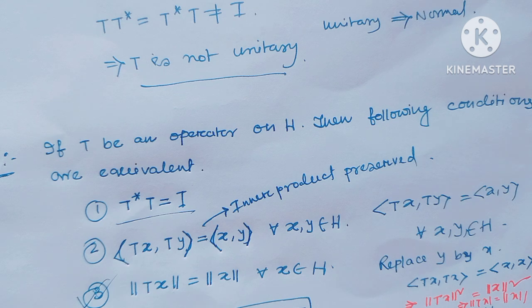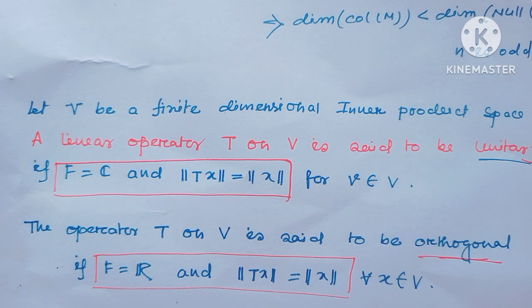Similarly, distances are preserved. So, in a finite dimensional inner product space over the field F, a linear operator T on the vector space V is said to be unitary if the field is the complex numbers and norm Tx equals norm x.